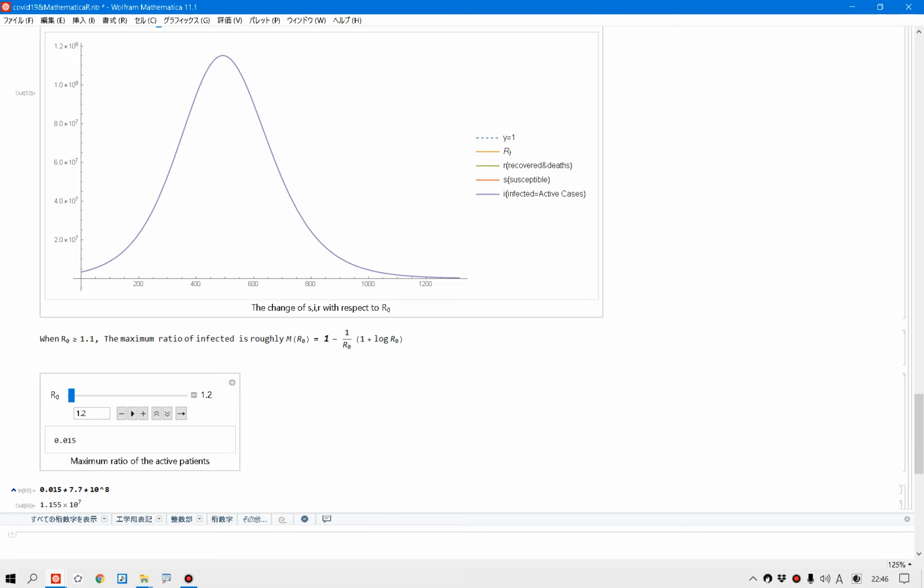So this is infected, okay, almost the same height. And if the fatality rate is 2%, the death toll is, sorry, I made a mistake here. This is the death toll, okay, about 2 million, 2.3 million.